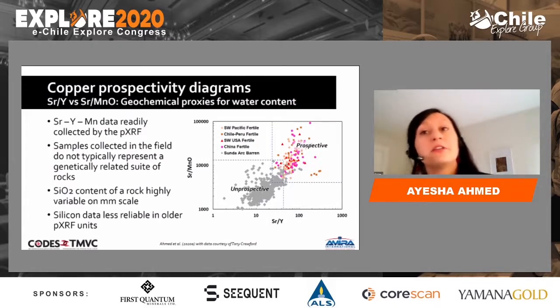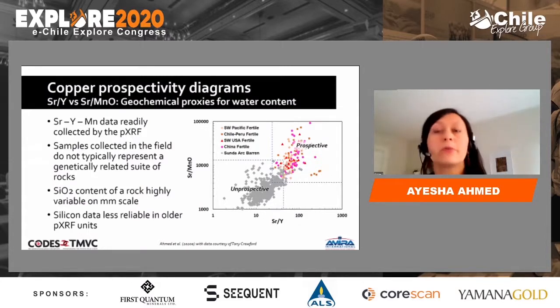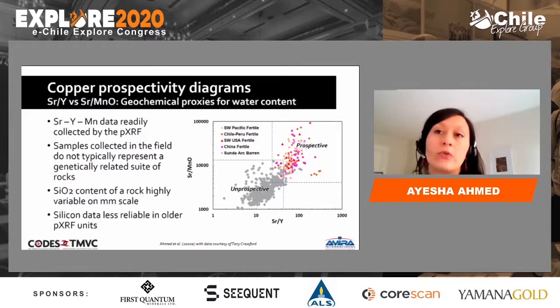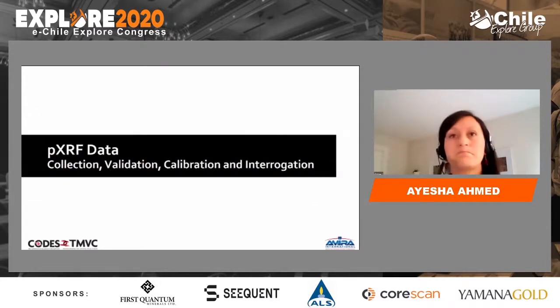The silica content of a rock is also highly variable, particularly if we think in terms of the field of view of a portable XRF, which is on the millimeter to the less than centimeter scale. And lastly, if we're honest with ourselves, older PXRF models really collected terrible silicon data. The newer models do a much better job of this, though.